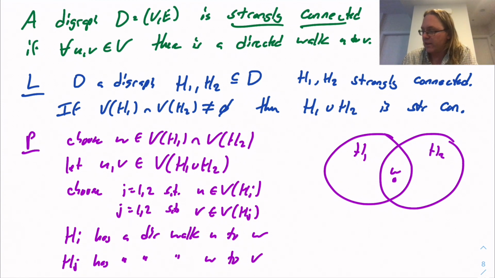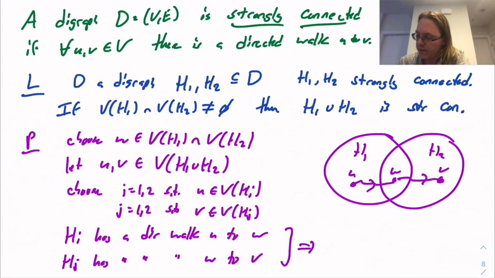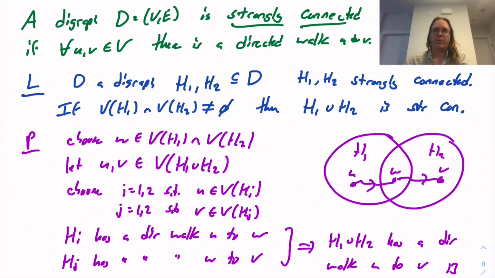We're just using the obvious fact that W lies in the intersection, W is in H1 and H2, and that means no matter where U lies or where V lies, I'm going to be allowed a directed walk from U to W or from W to V. So I get a directed walk in HI from U to W, a directed walk in HJ from W to V. Just concatenating those two directed walks, H1 union H2 has a directed walk from U to V. So that's what I was aiming to prove.